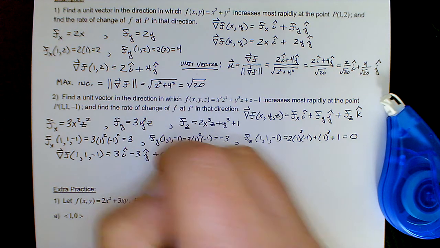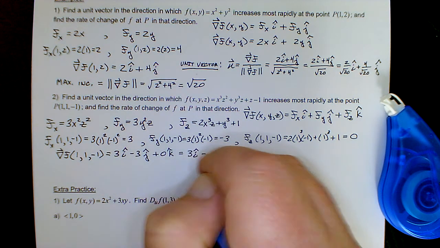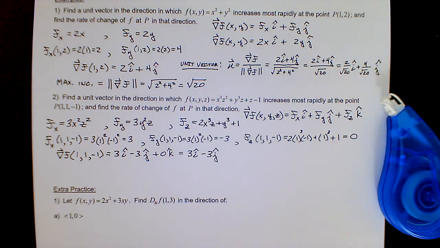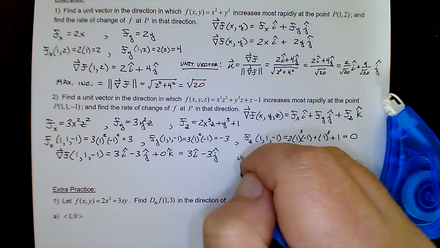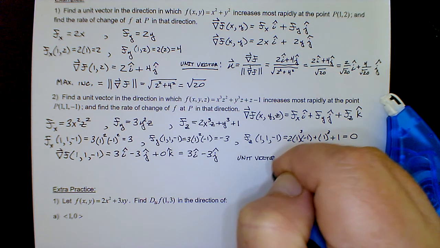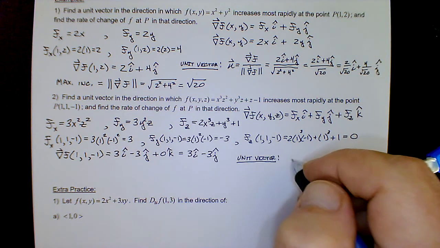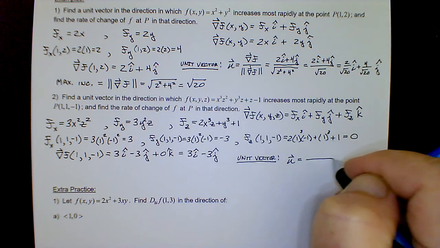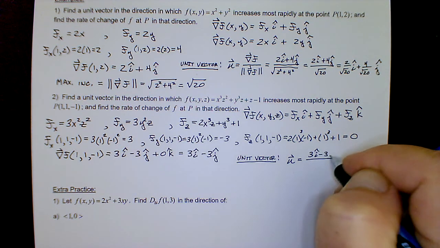Okay, so then if we want the unit vector, the formula for it, we'll say u is equal to that gradient as a vector divided by its magnitude. So 3 squared plus negative 3 squared.